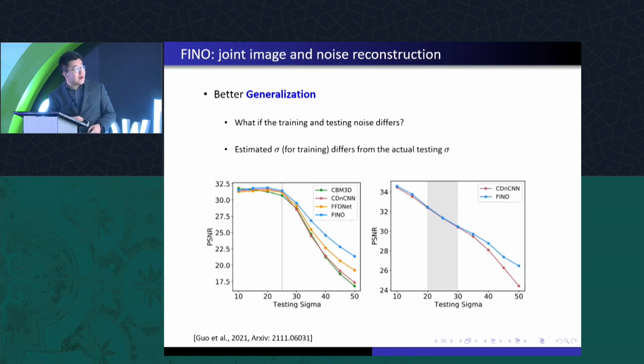And I show another plot. This is also very similar to what Prof. Ringha showed just now. As your testing time noise level gradually deviates from your training time, you will see that for other methods the performance really drops, and you will see a larger gap in denoising quality, whereas with this joint modeling, the final one, of course it still drops because your noise level increases, but the degradation is less severe.